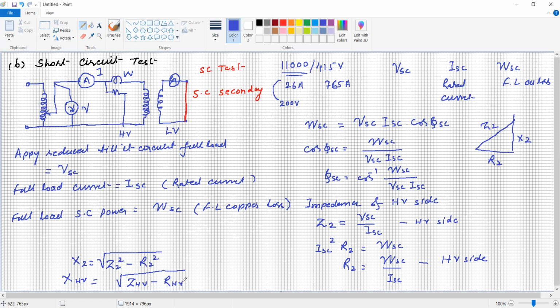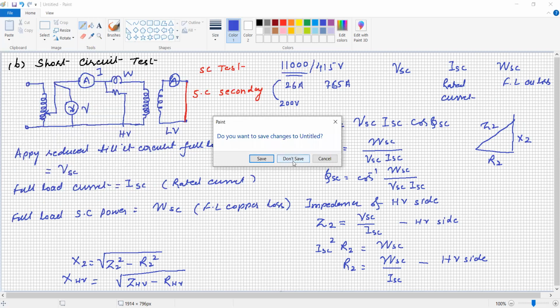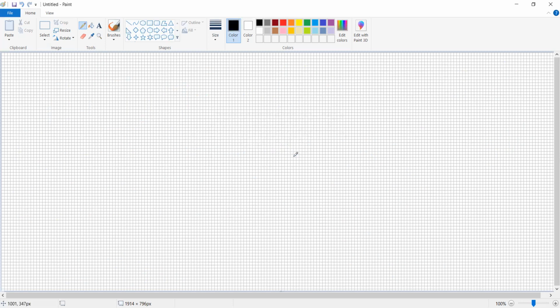Now, what would be the total equivalent circuit? With the help of the open circuit test, these two parameters we have already found.